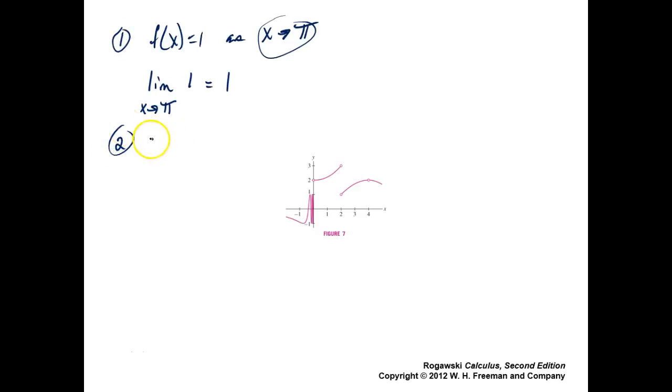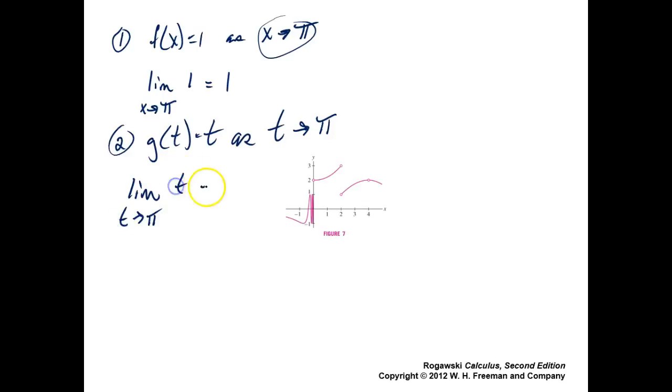What is the limit of g of t equal t as t approaches pi? Okay, that would be the limit as t approaches pi of t.